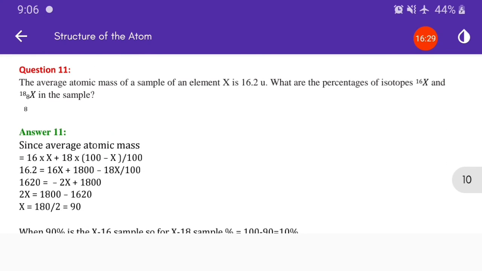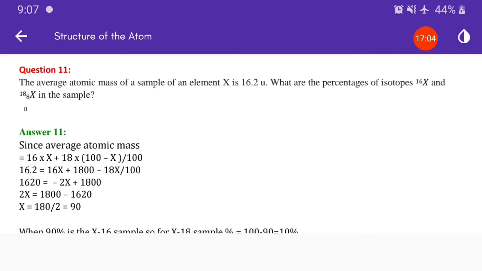Question number 11. The average atomic mass of a sample of an element X is 16.2 unit. What are the percentages of isotopes X-16 and X-18 in the sample? So the average atomic mass is 16 into x plus 18 into (100 minus x), divided by 100.